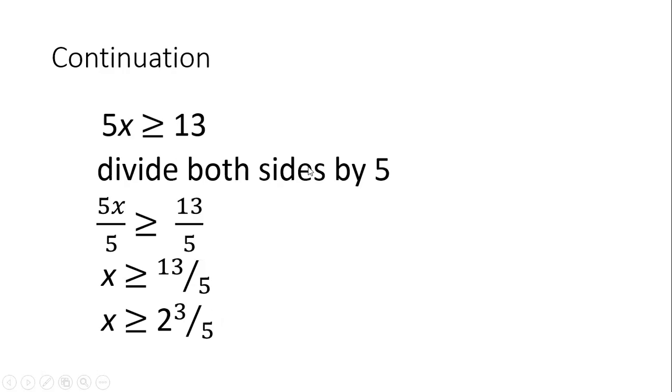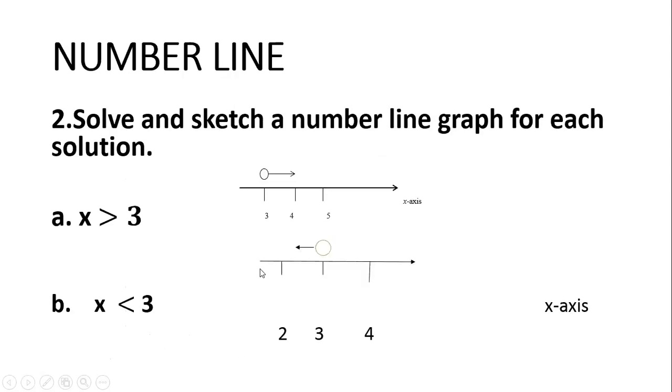Then you divide both sides by 5, since the coefficient of x is 5. So x is greater than or equal to 13 over 5, which is 2 whole number 3 over 5.